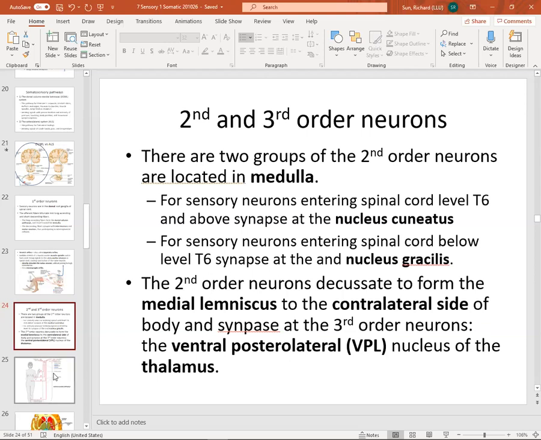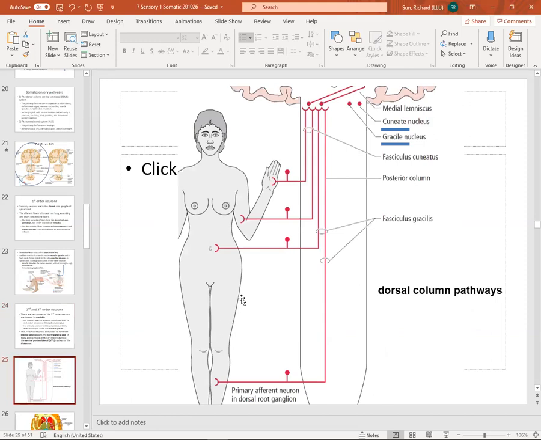So we have two. You can see the picture here. Sensory signal goes either into the cuneate nucleus or gracile. Cuneate is the one to receive T6 and above. Gracile is the one below spinal cord T6.